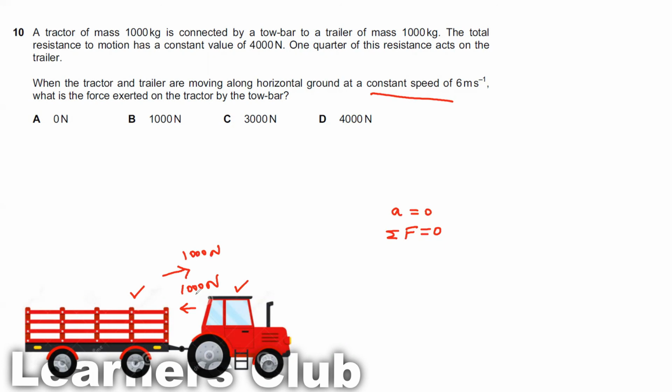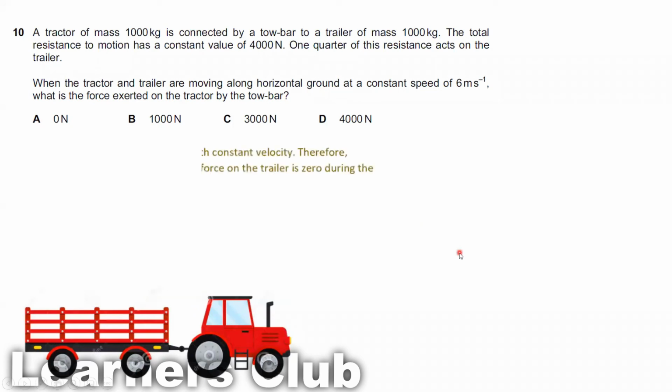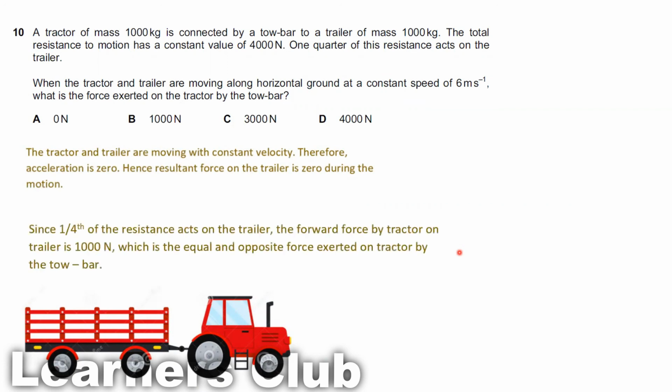So 1000 Newton of force given on the tractor by the tow bar. As a result, the answer is 1000 Newton, which is the option B. The explanation is written here. If you want to read it, you can pause and go through. So the answer for this question is B.